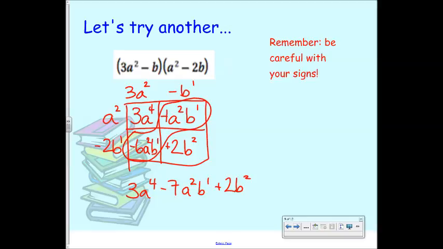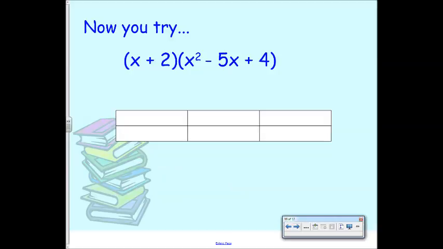Okay. Can I get somebody to come do this one? Can I get somebody to come label it? Ash? Good, yes.